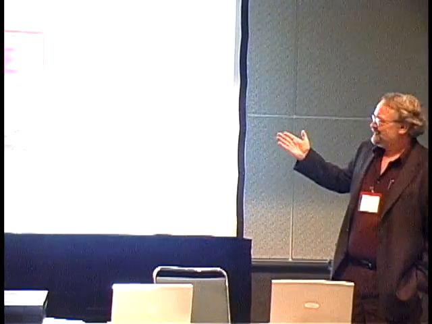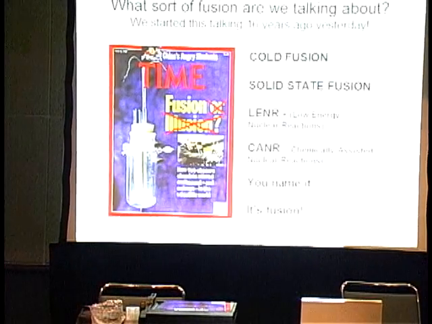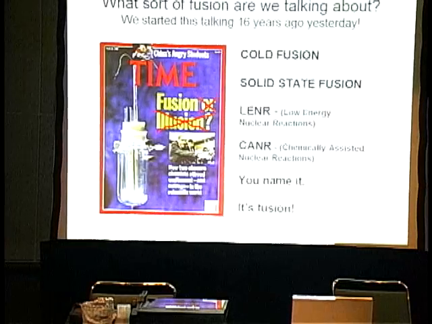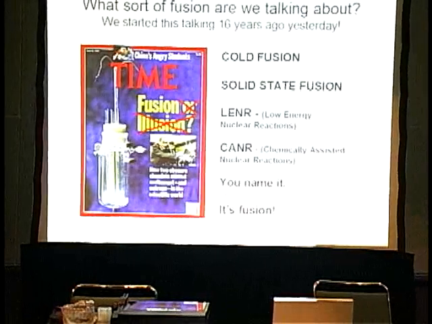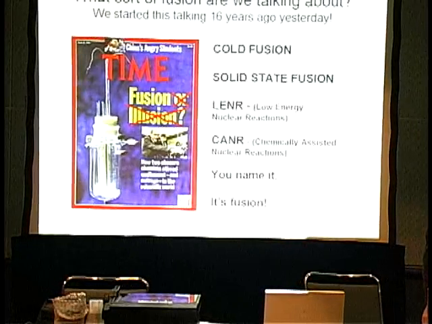However, nobody knows what to call it, so it's been called cold fusion, solid state fusion, LENR, low energy nuclear reactions, CANR, chemically assisted nuclear reactions, you name it. It's nuclear fusion, with the primary difference being that we don't see the expected high energy nuclear emissions, neutrons, gamma rays, and things.